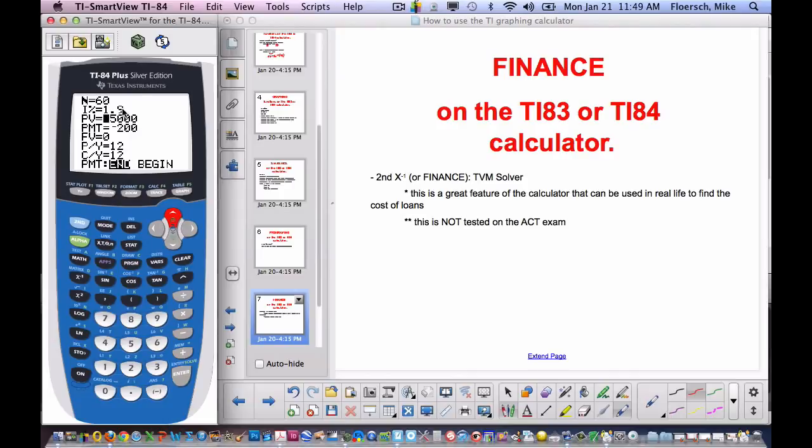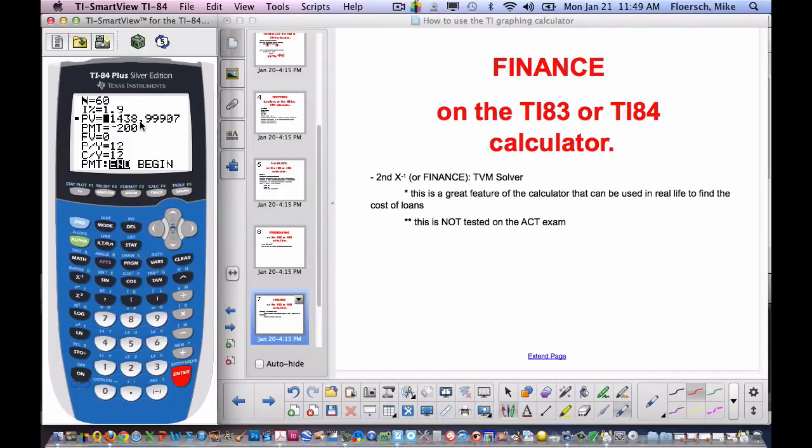Let's say it's 1.9% and you're still getting a 5-year loan. Now I go back, highlight principal value, hit alpha, enter or solve, and it tells me I can actually afford for $200 a month an $11,438.99, or basically $11,439 loan or a car.